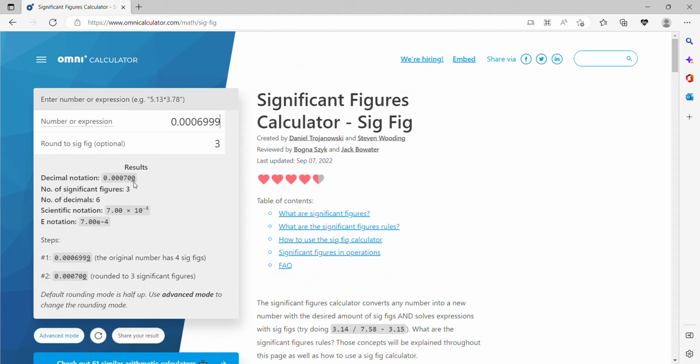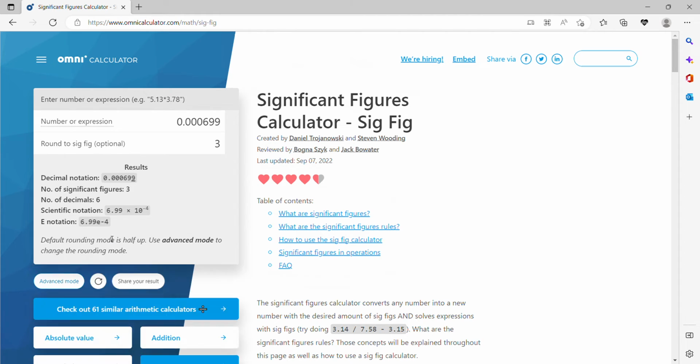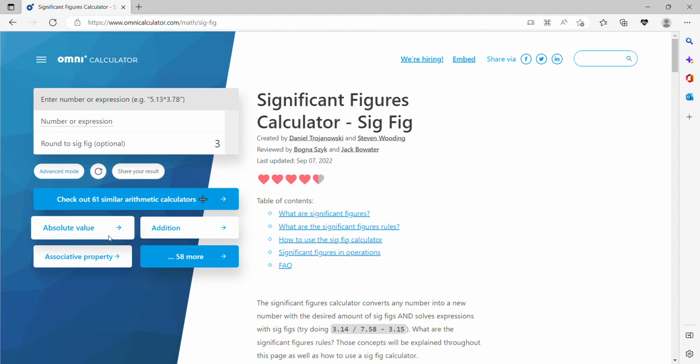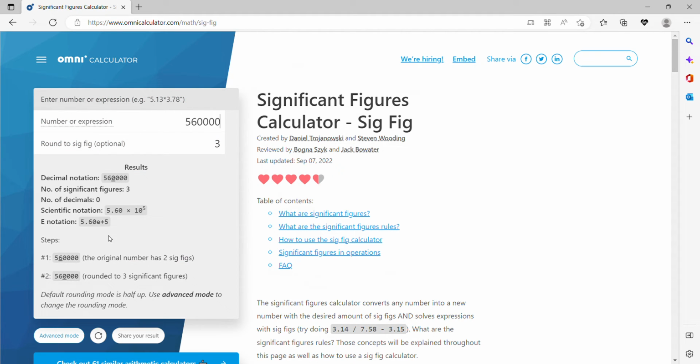It's okay if there's zeros. It's still 3 significant figures. Kind of like if I said, well, I guess that doesn't work. What if I did this? So a 0 is okay. So that one's already rounded.